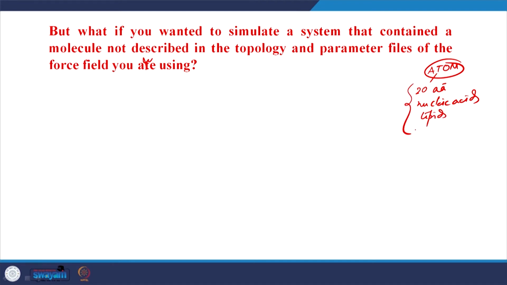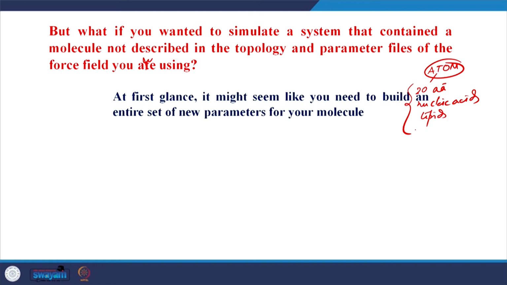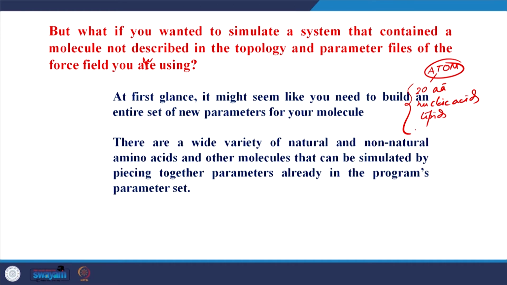But if someone or some system, some molecule does not have that, it would seem that you have to build the entire set of parameters if they are not matching, but that is not the actuality, and that is a very relieving factor. There is a wide variety of natural and non-natural amino acids and other molecules that can be simulated by piecing together parameters already in a program's parameter set.